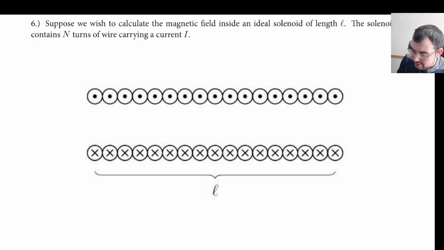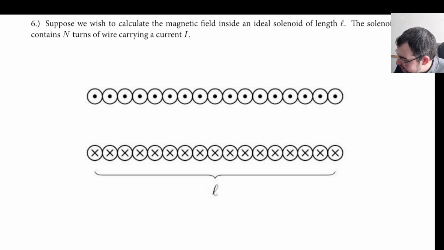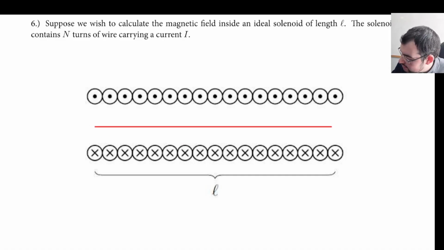We do know the magnetic field inside the solenoid is uniform and points this way. So why don't we just want to draw something like this? Why don't we draw this rectangle?